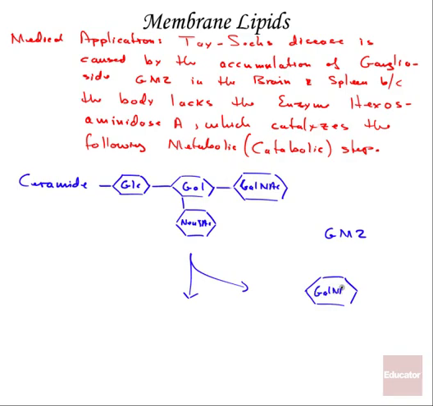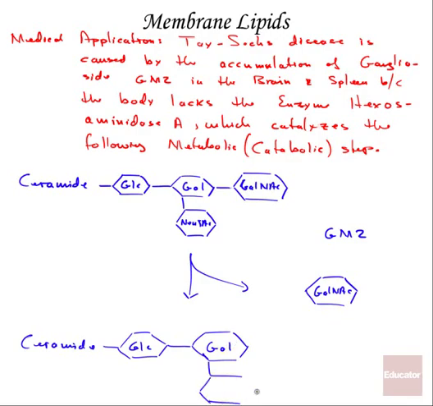So GalNAc, it's supposed to go to ceramide, glucose, galactose, and of course we have our NeuAc.